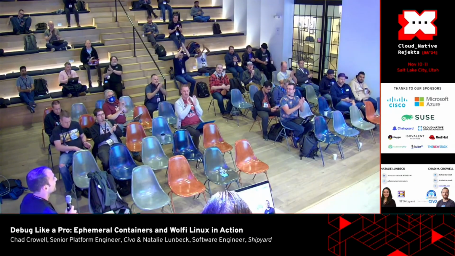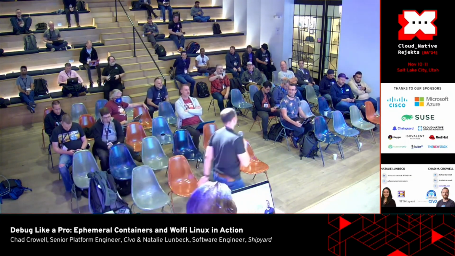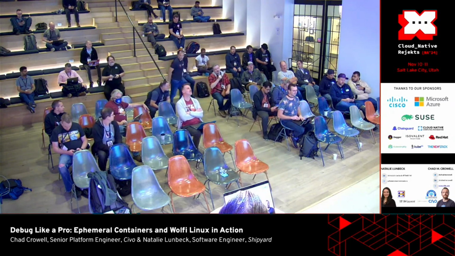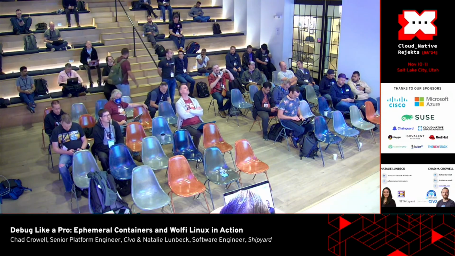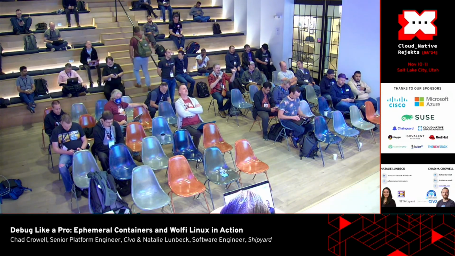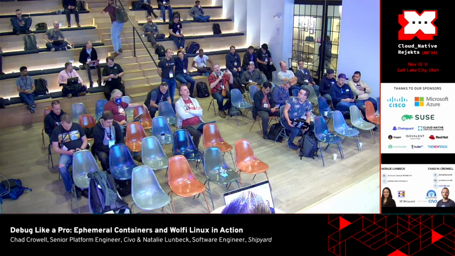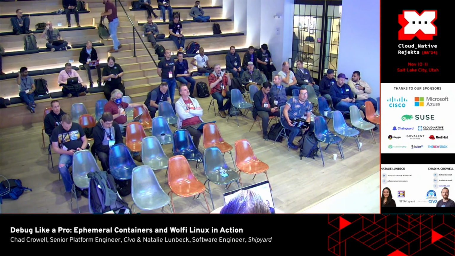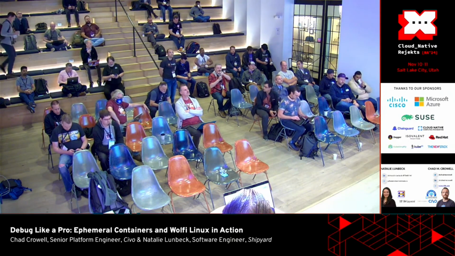Who has questions? Okay. Hi, thank you for the talk. My question is, is there something beyond using minimal images? Are there some tools or practices, maybe even on an organizational or management level, which can help people deal with this whole problem of developers just wanting to ship their software, right?